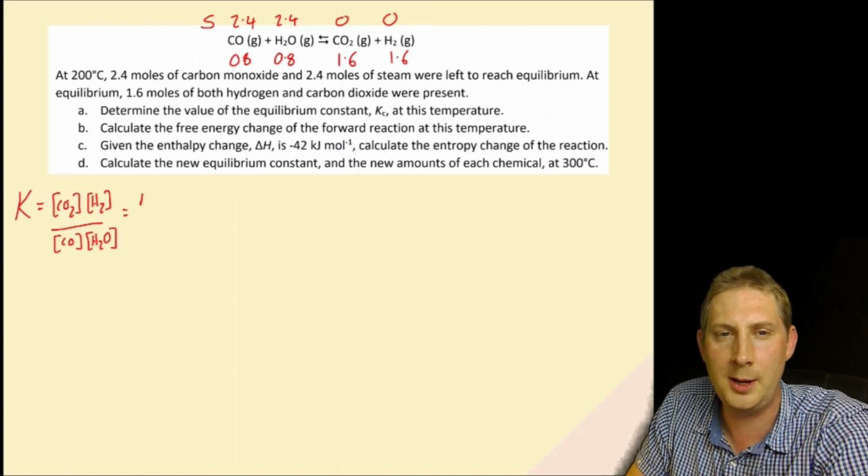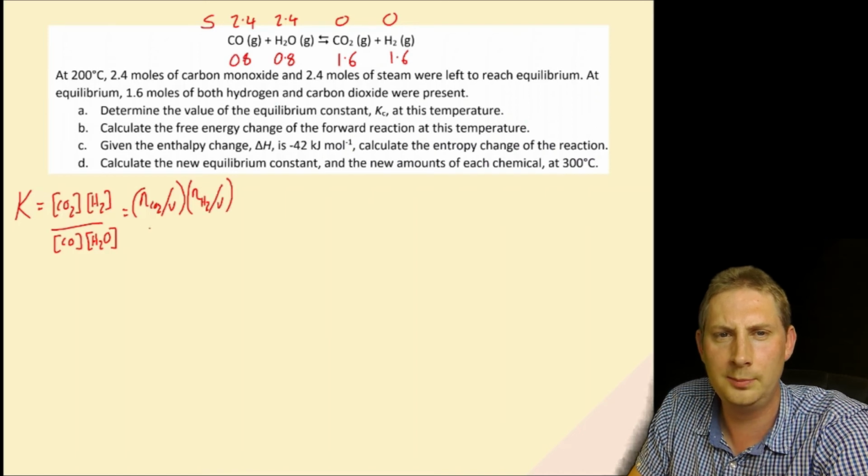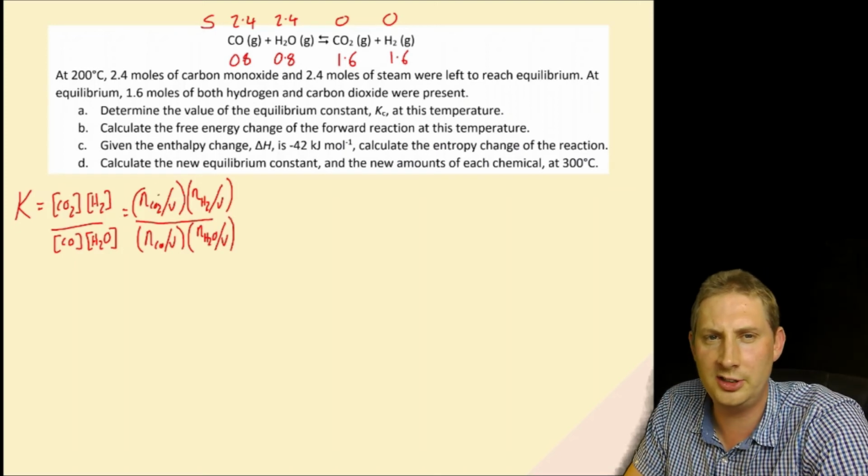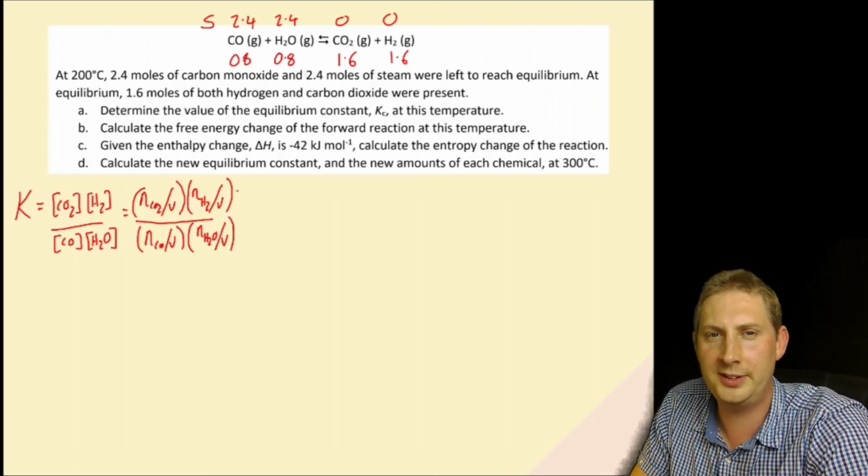And that equals the number of moles of CO2 over volume times the number of moles of H2 over volume, divided by the number of moles of CO over the volume times the number of moles of H2O over the volume, okay? Because concentration is moles over volume. But these volumes cancel.